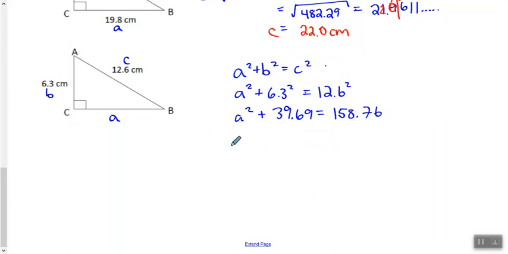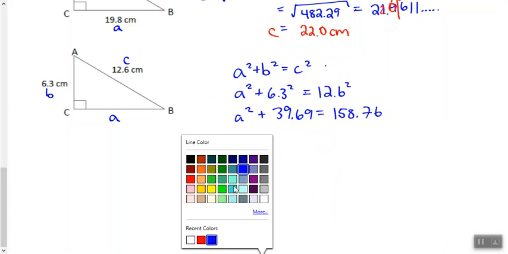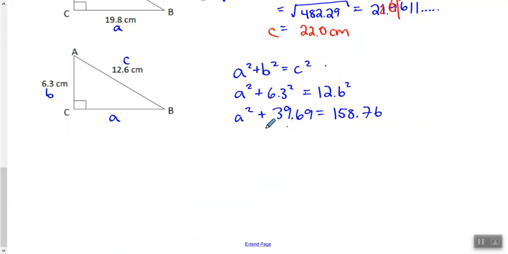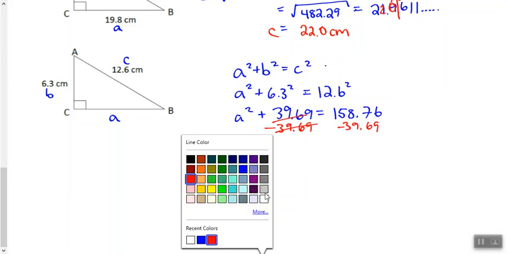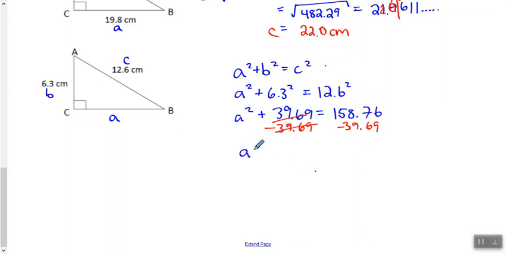158.76. Now taking a look, this 39.69 is added on, so I will have to subtract it off. So subtract 39.69 from both sides. Okay, so it gets rid of that there. We get a squared equals 158.76 minus 39.69, which is 119.07.